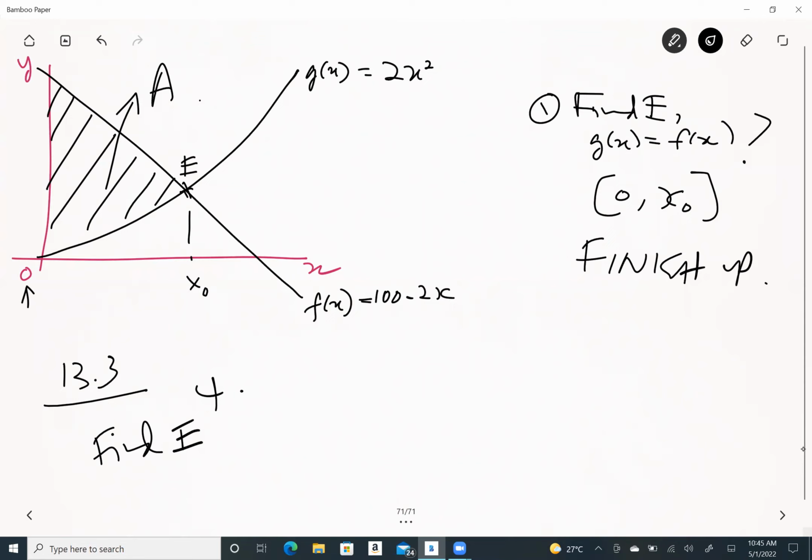And then you can do number... I want to get the function.